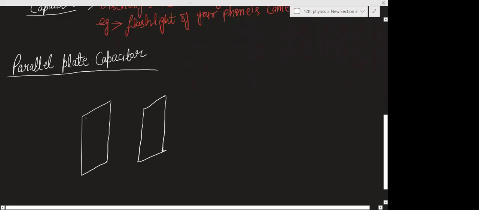These two plates have equal area. I am saying these plates are parallel because they are placed parallel. One plate is positively charged and another plate is negatively charged, as we have discussed.